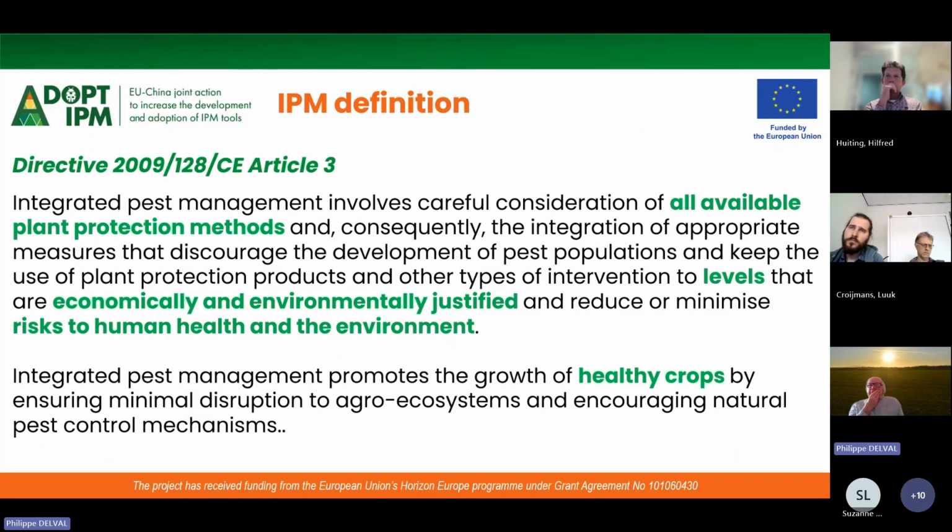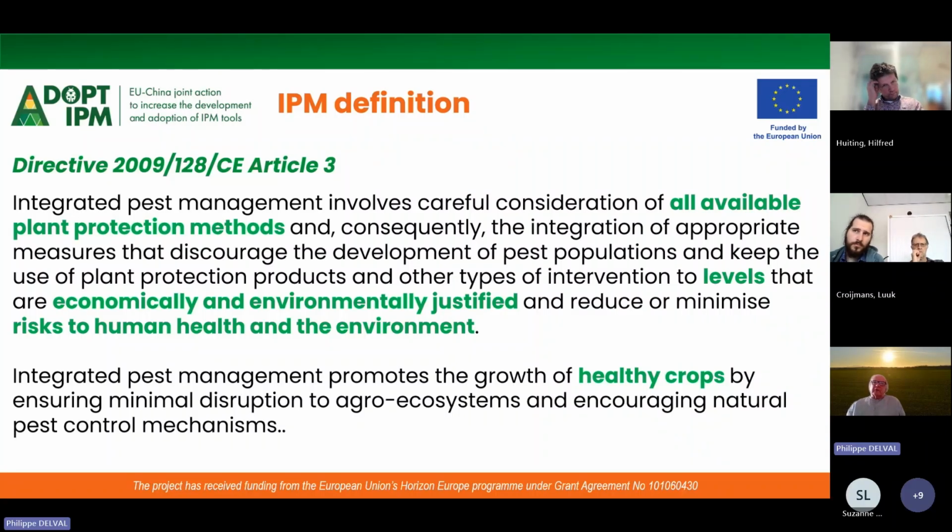So I use the IPM definition that is inside the SUD directive, and you can see the main topics about IPM: we have all available plant protection methods, and of course we have to choose and prioritize some methods.